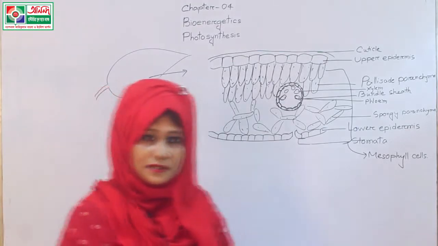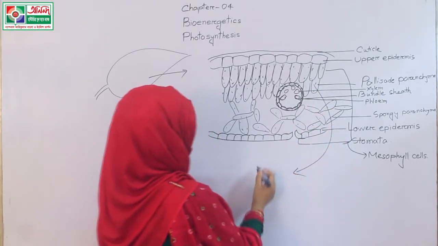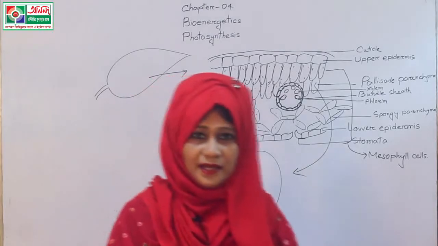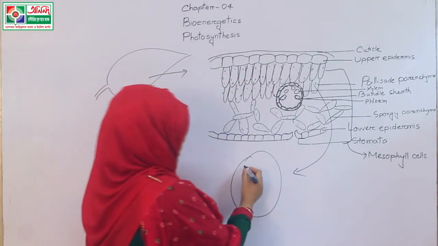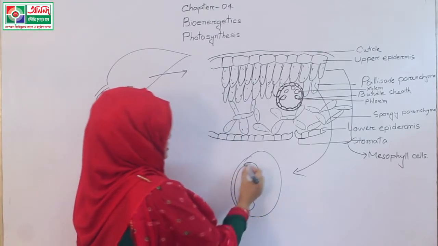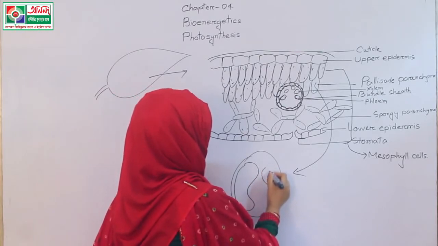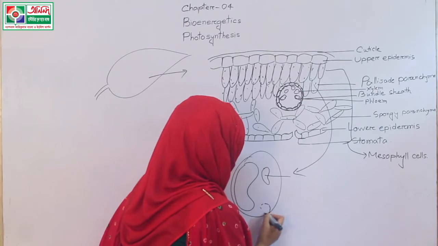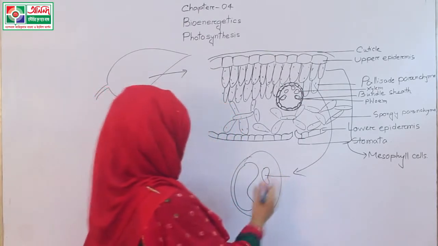If I enlarge a mesophyll cell, I will get a structure like this. What is this? This is an enlarged view of a mesophyll cell, a typical plant cell, with a large vacuole, and this is the chloroplast and the nucleus on the side of the cell.